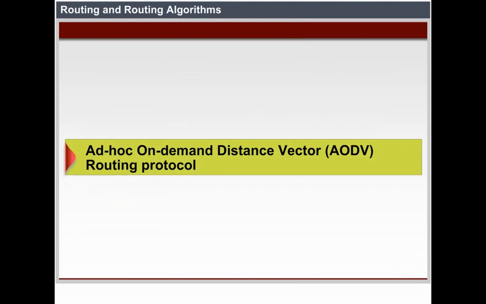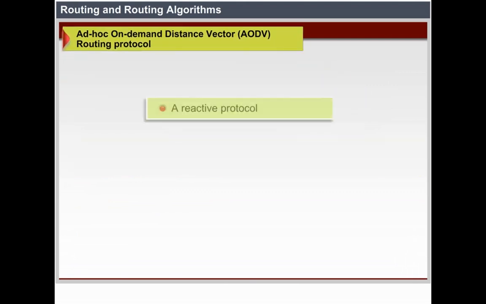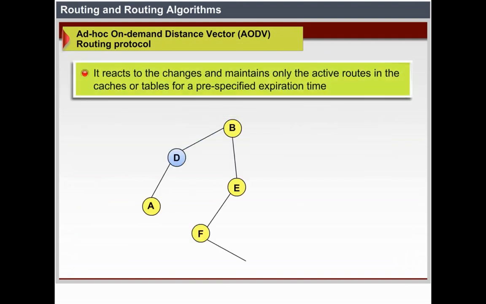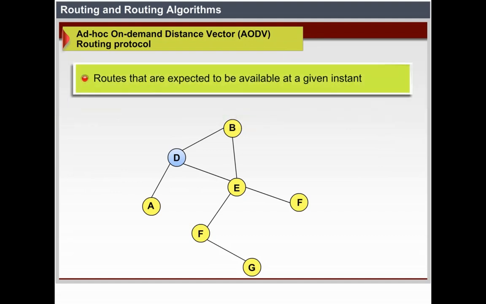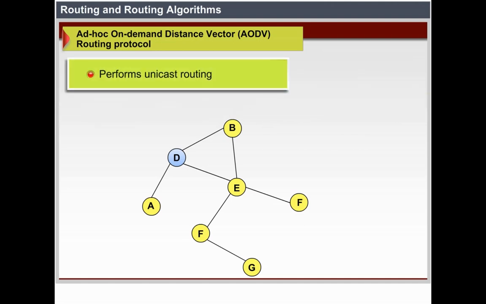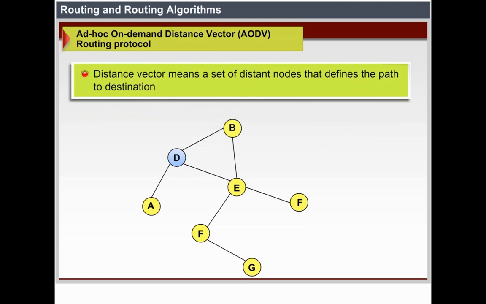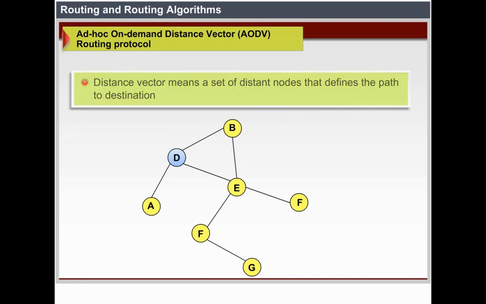Ad hoc on-demand distance vector, AODV, routing protocol. A reactive protocol, it reacts to the changes and maintains only the active routes in the cache or tables for a pre-specified expiration time. Routes that are found are expected to be available at a given instant. It performs unicast routing. Distance vector means a set of distant nodes which defines the path to destination.